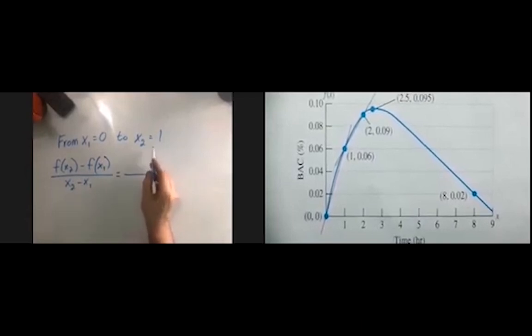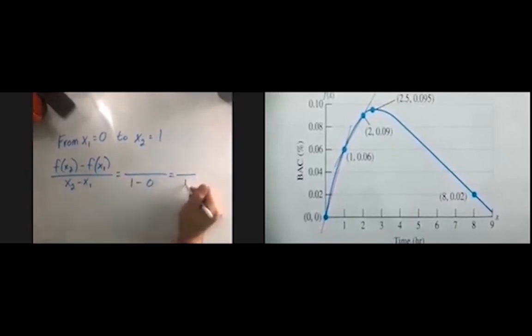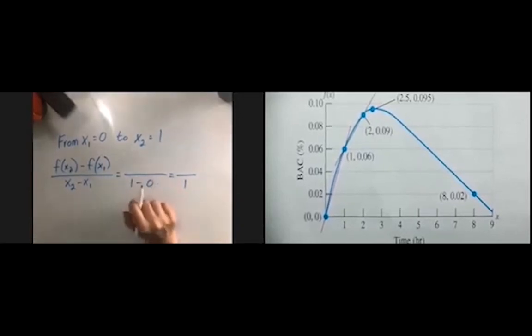Bottom part's easy. That's 1 minus 0, that's 1. Now on the top, we would want the function outputs, the y values for each of these x's. So x2 was 1, and we can see right there, we have the point 1, 0.06.